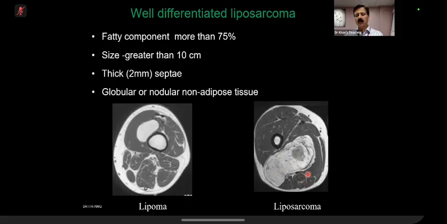Why? To confirm the diagnosis, and it will help plan the surgery. It will require a larger excision of the margins, etc. So these are a few concepts, but in the FRCR exam, liposarcoma has come, and you should think like this: within the lipoma, if I find any soft tissue, if I find thick septi, I will raise that issue.